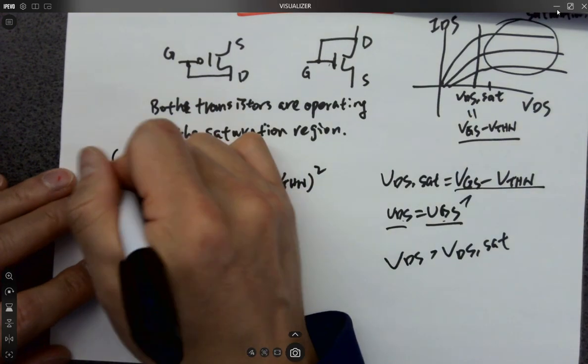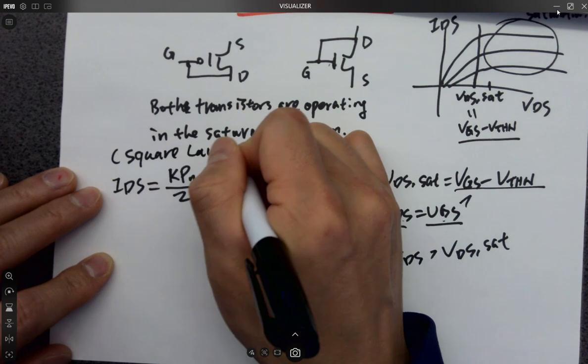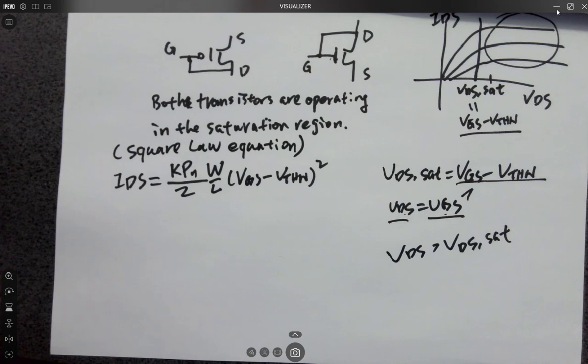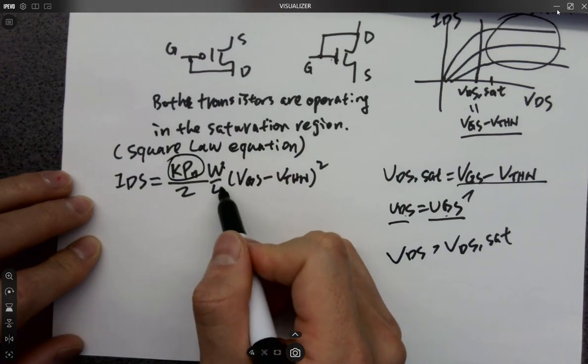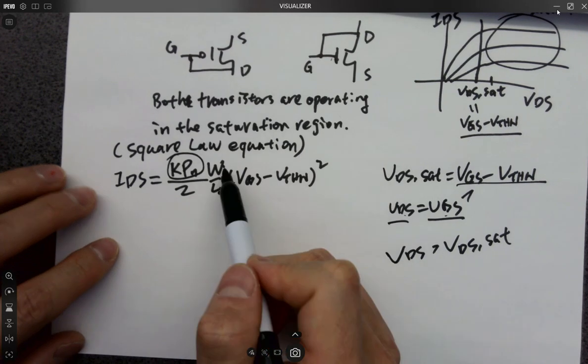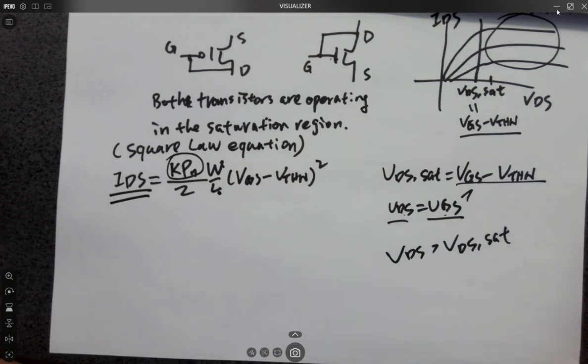And this is called the square law equation. KPN is a constant, and then there's the width and length of the transistor. So if you have a very wide transistor, you are getting more current. A wider transistor is a stronger transistor because it pulls more current.